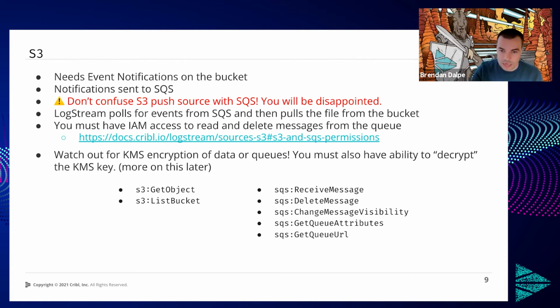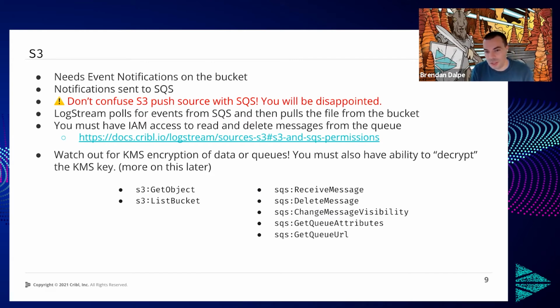It'll go say, hey, are there any new messages in this SQS queue? And if there are, it will retrieve them. It's in a standard format. We will then know which files are new inside the S3 bucket and only retrieve those. And that's distributed across all the workers in that worker group. Now, I did want to put a little caution on here. Don't confuse the S3 push source with SQS.